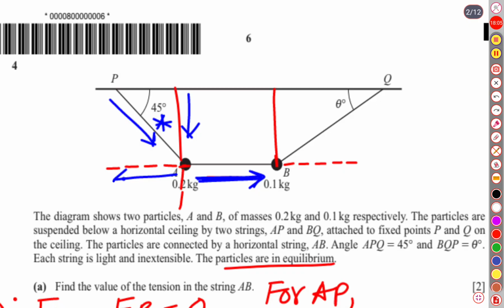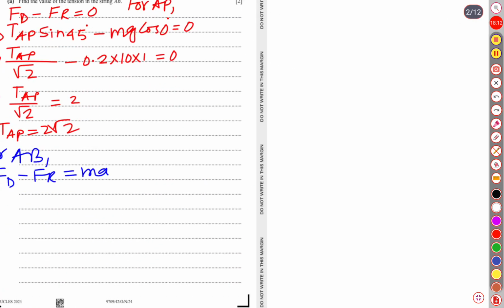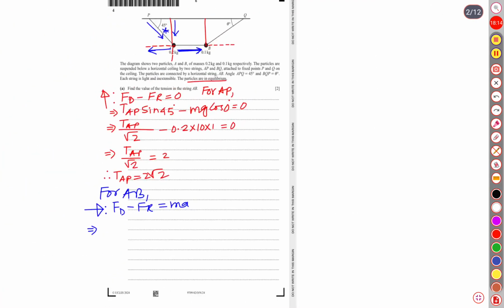So the tension in string AB minus the resistance to motion, which is the left part as I have shown, which is tension in AP cos 45 degrees. Because we are resolving the forces horizontally, we are finding the resultant force acting horizontally, and the right side must be 0 because there is no acceleration at all. The system is in equilibrium.